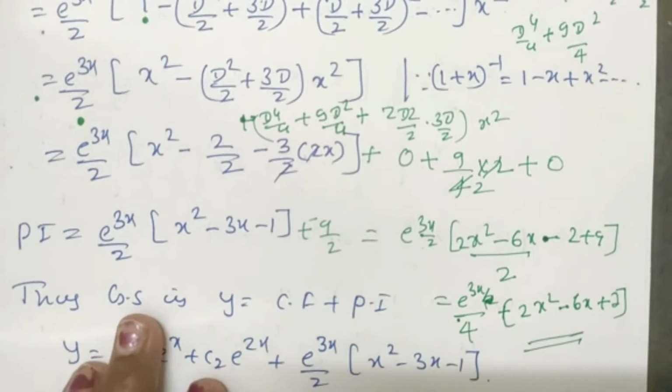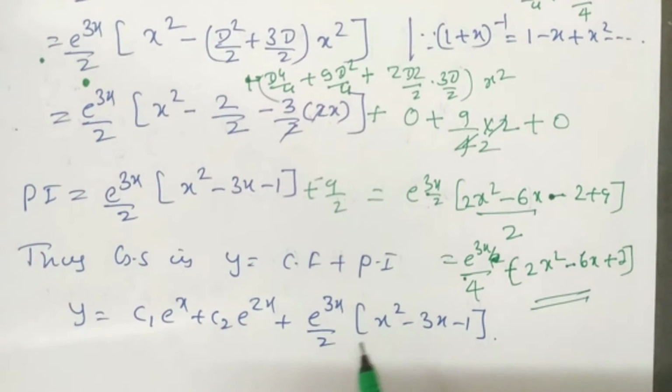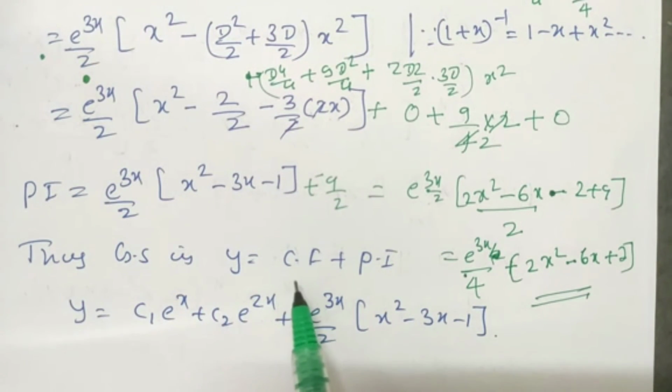This is the required particular integral, and just add these two. You will get the general solution, and the general solution equals complementary function plus particular integral. So that is c1 e^x + c2 e^(2x) + e^(3x)/4 (2x² − 6x + 7).